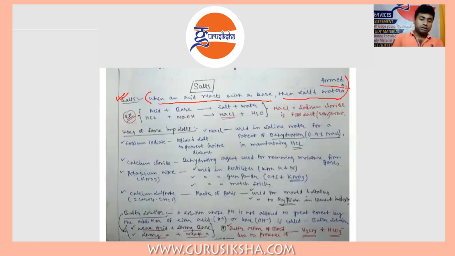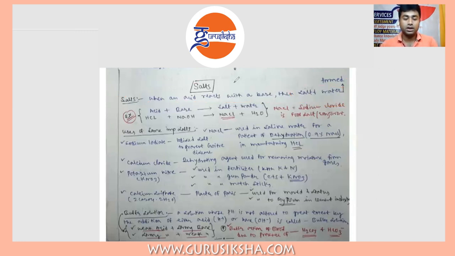So you can recognize that salt is not a single component, not a primary component. It's basically the combination of acid and base. When an acid is combined with a base, then salt and water are formed.